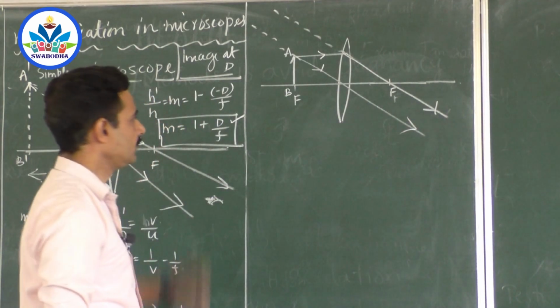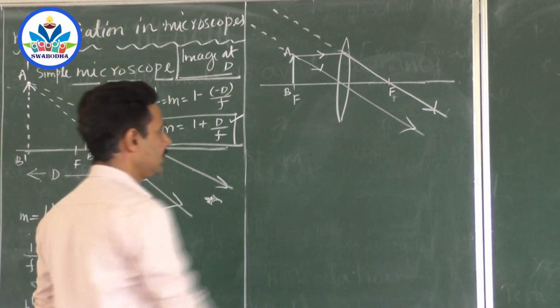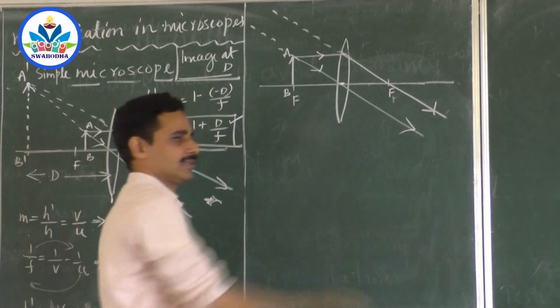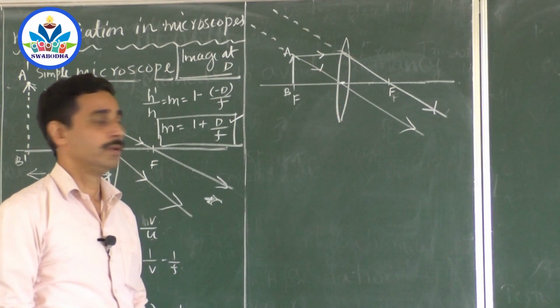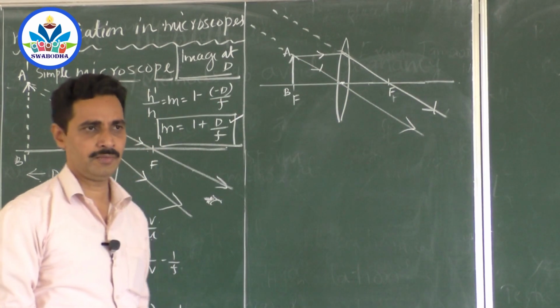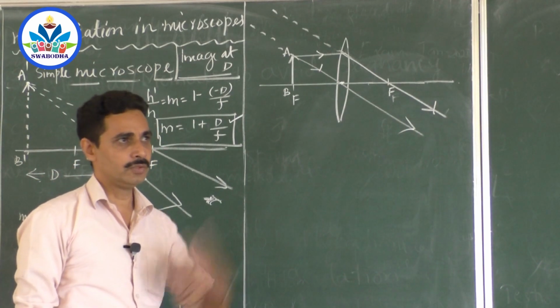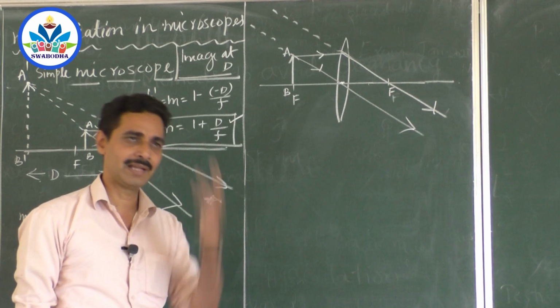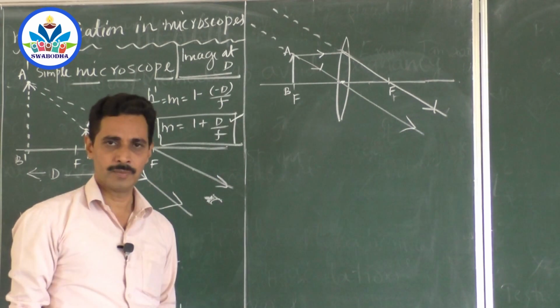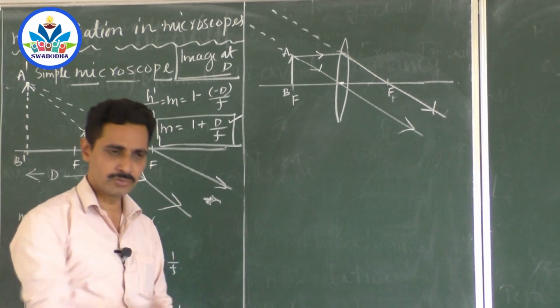Now, how to find out the magnification here? Whenever the image is at a very large distance, we use a different type of formula for the magnification. For example, especially in a telescope, when you look at the moon with your naked eye, the image formed inside the retina is different from when you look through the telescope.